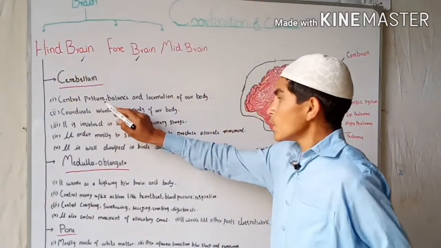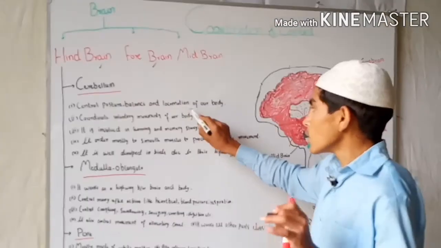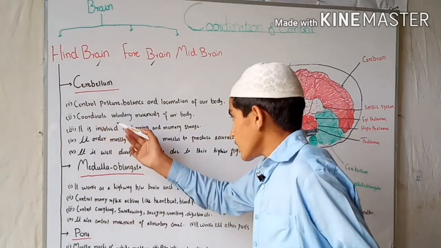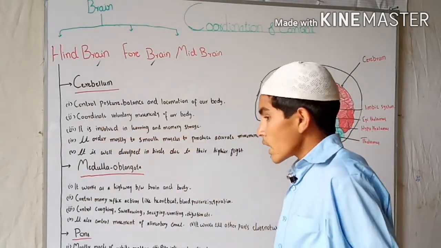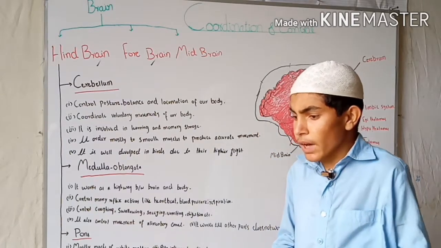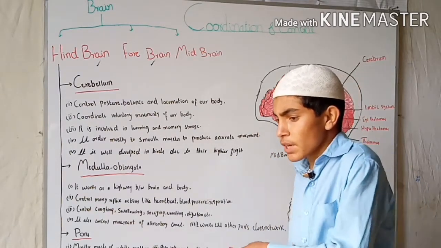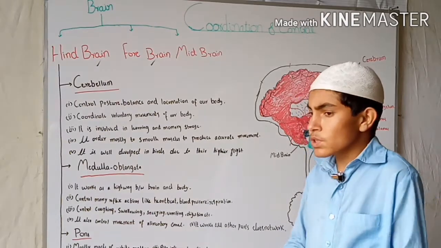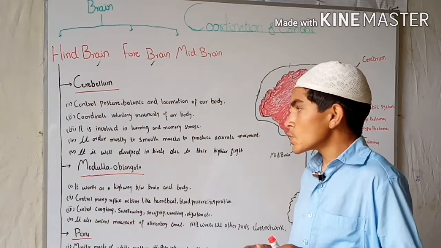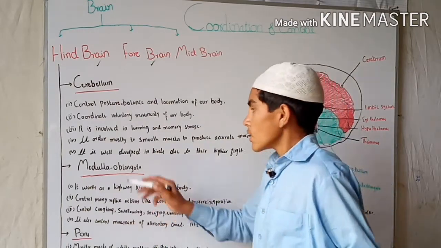The cerebellum controls posture, balance and locomotion of our body. Second, it coordinates voluntary movement of our body, like when we are walking on our path, we don't fall to the left side or right side, we go straight. So it is the control of the cerebellum on our body, so it maintains balance.